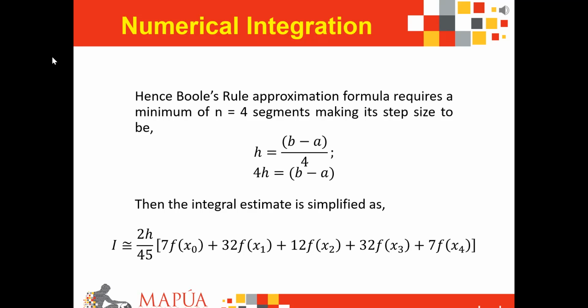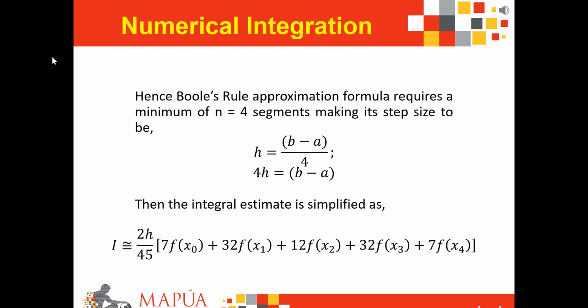Much like the previous integral approximation techniques of the trapezoidal rule, the 1/3 rule, and Simpson's 3/8 rule, your step size h is multiplied by a factor, this time 2 over 45, on Boole's rule.